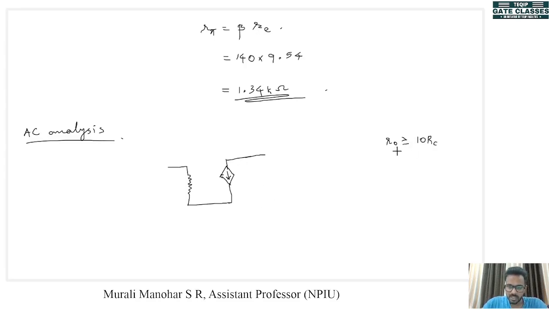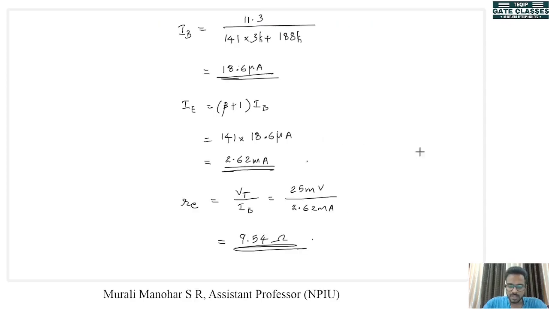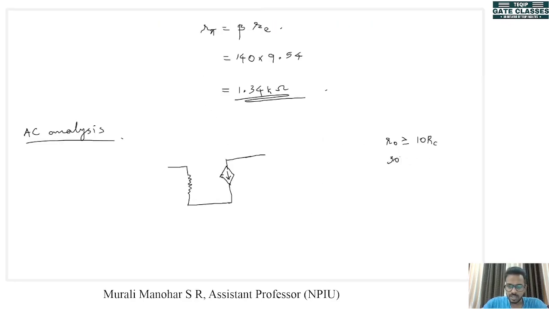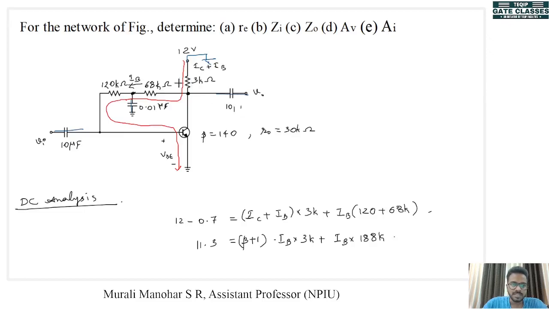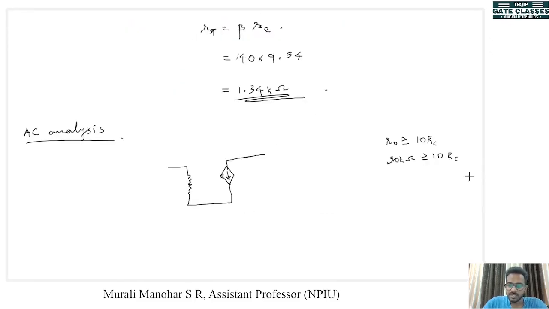Here we have RO equal to 30 kilo ohm, so 30 kilo ohm must be greater than or equal to 10 times RC. Now the value of RC is 3 kilo ohm, so this condition is satisfied, that is enough. So we can write that we don't need to consider RO.